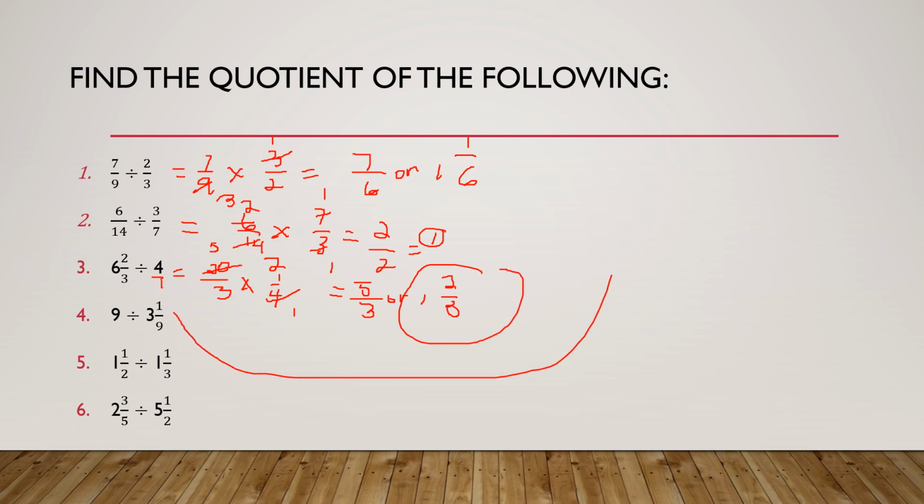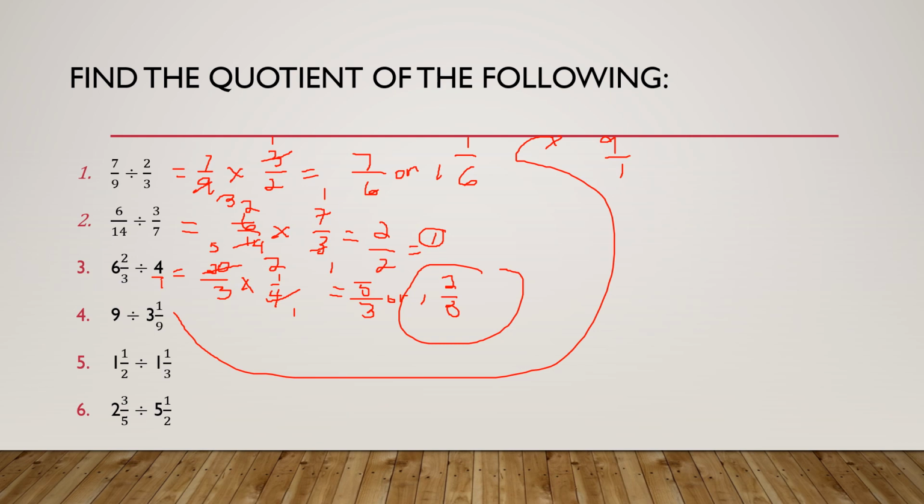Okay, so we will use the space here. So we have 9. So of course, that is 9 over 1. Then let's do it directly. So divide first because we need to transform into an improper fraction.